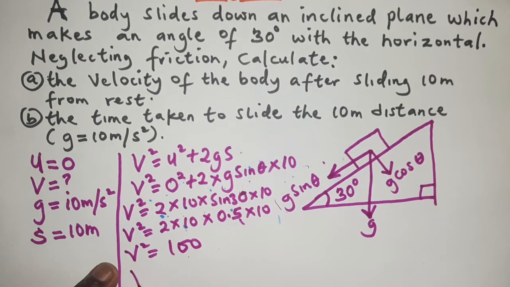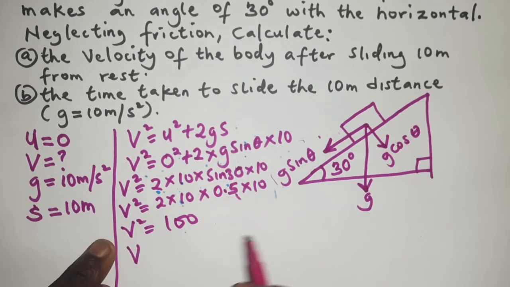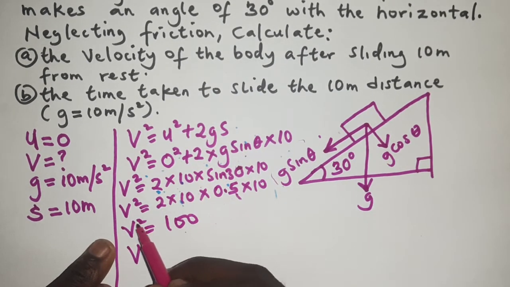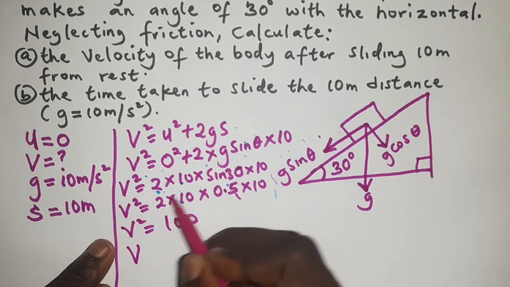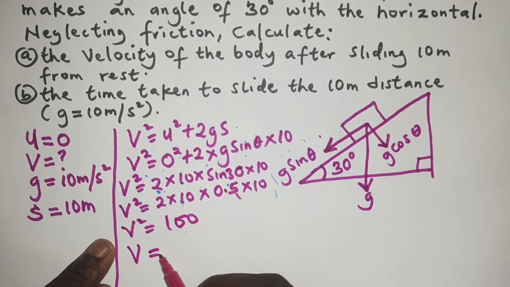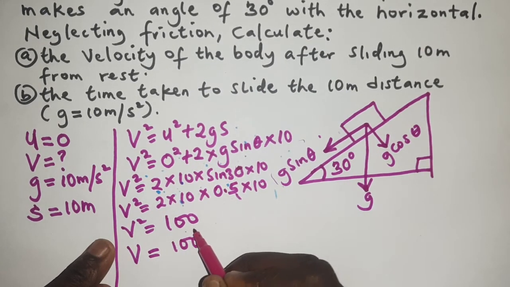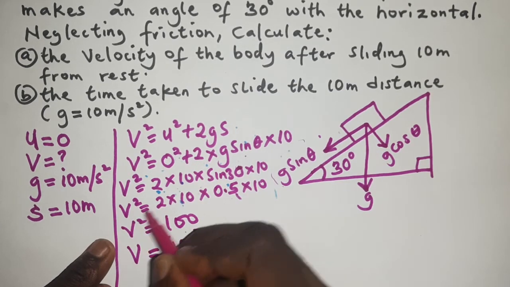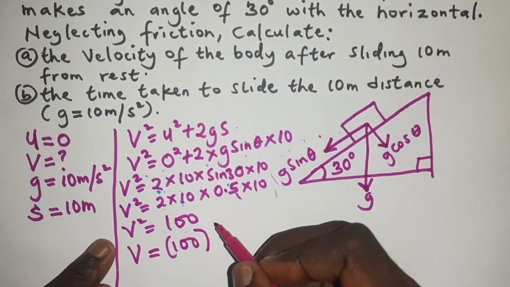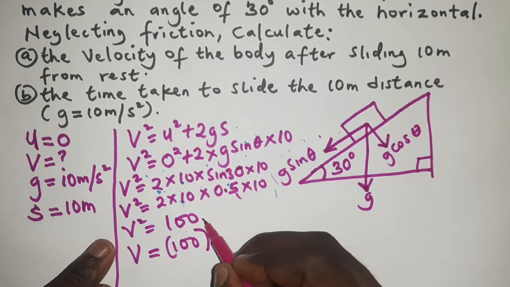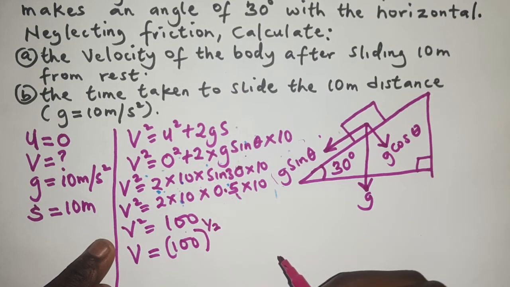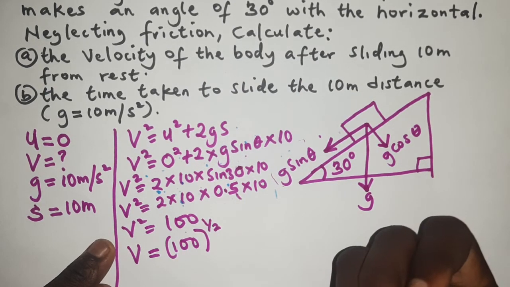Of course, you now have your v. This power 2 moves over and becomes a power for 100. When the 2 comes here, it inverts and becomes 1 over 2. Any number raised to the power 1 over 2 is actually the square root of that number.